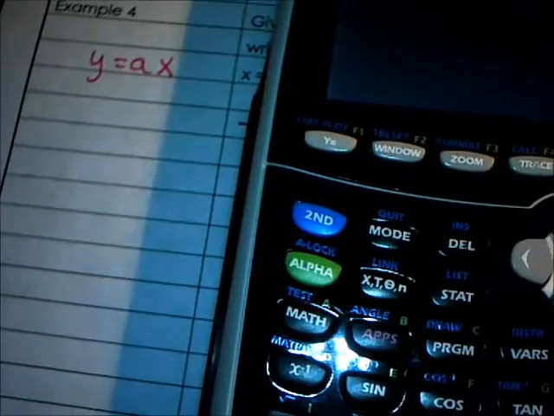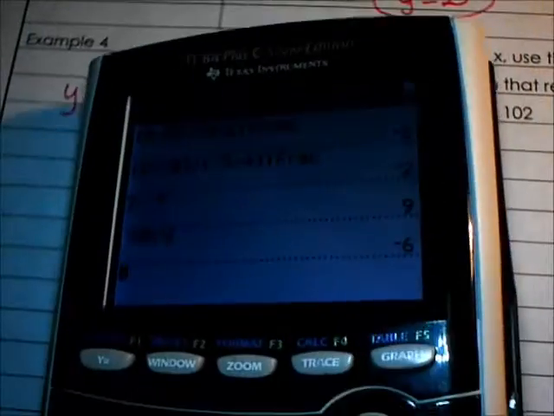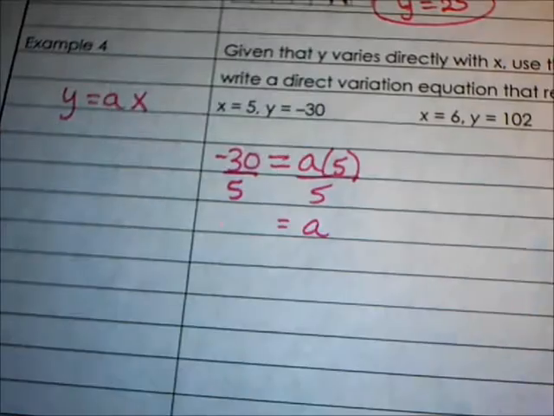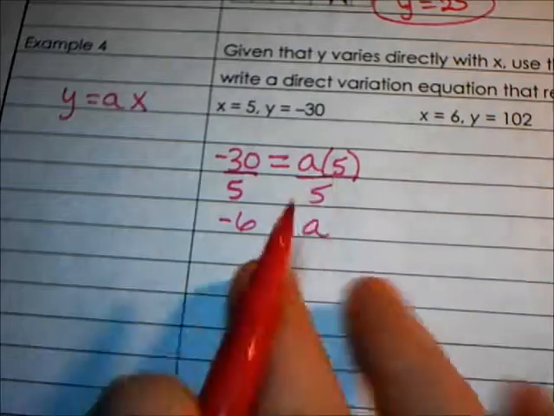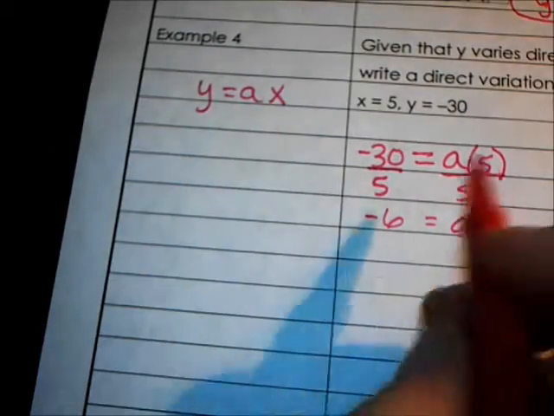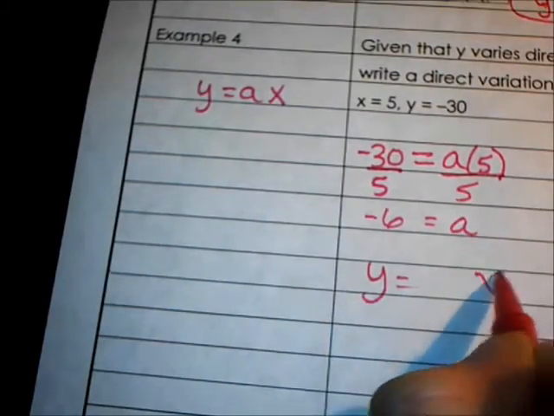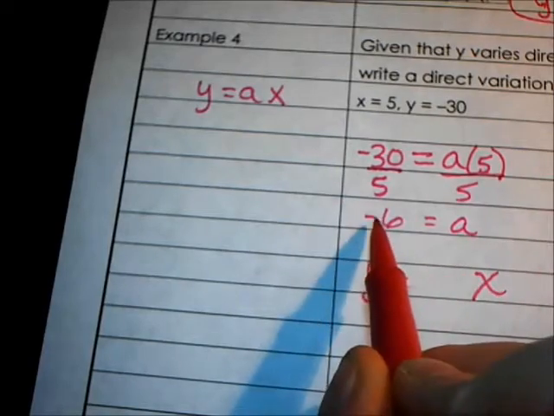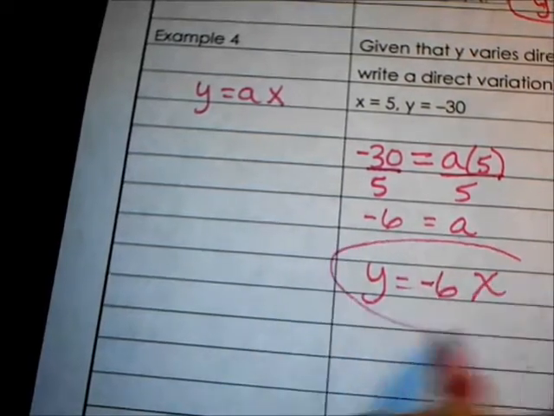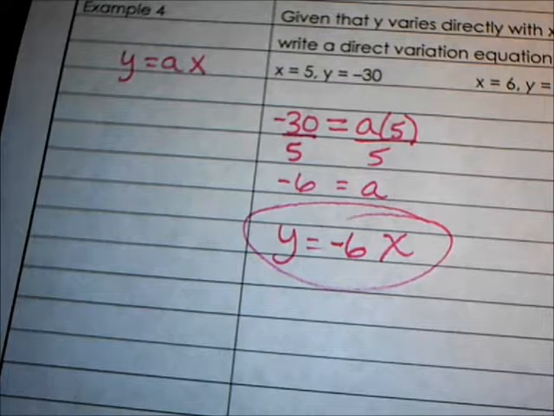If you don't know that, type it in your calculator and see that negative 30 divided by 5 is negative 6. Okay, this is my constant of variation. So to write my equation now, I don't want the x and I don't want the y. I want those to stay what they were. But now I can say that a is equal to negative 6, and there's my direct variation equation.